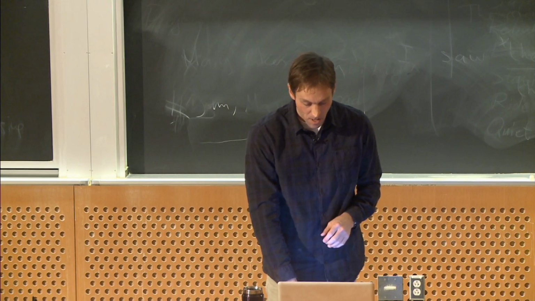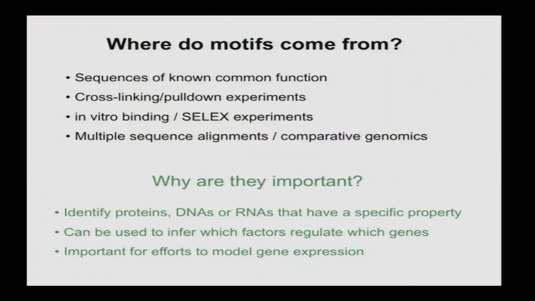Okay. So why are they important? They're important for obvious reasons, that they can identify proteins that have a specific biological property of interest, for example, being phosphorylated by a particular kinase, or promoters that are likely to be regulated by a particular transcription factor, et cetera.